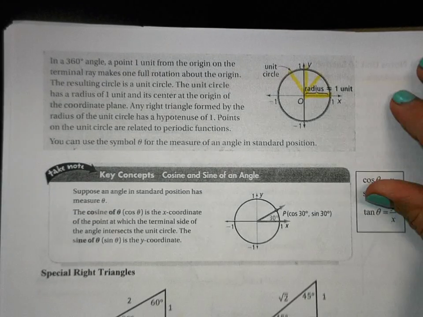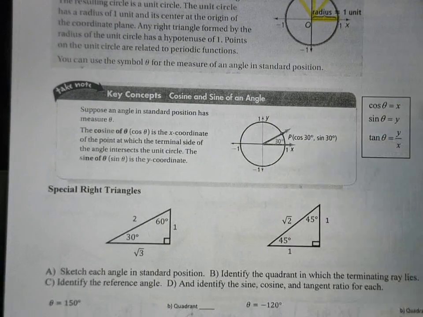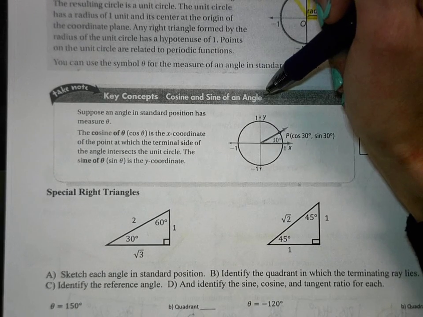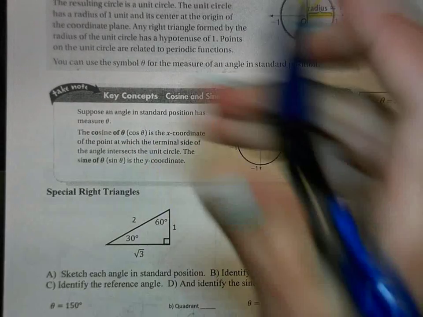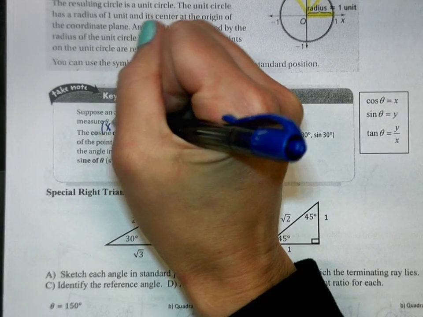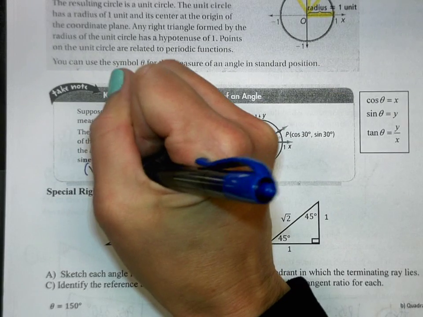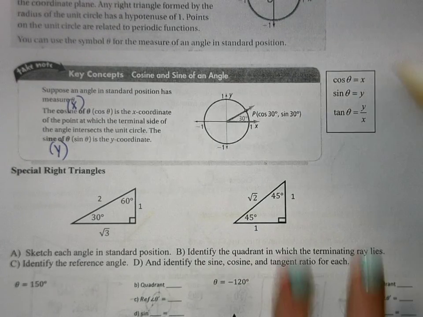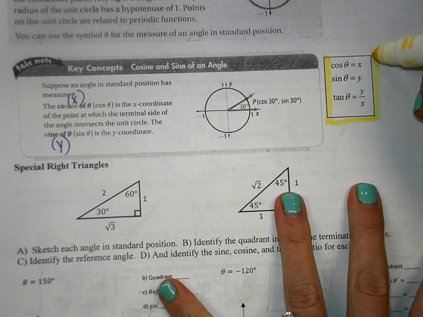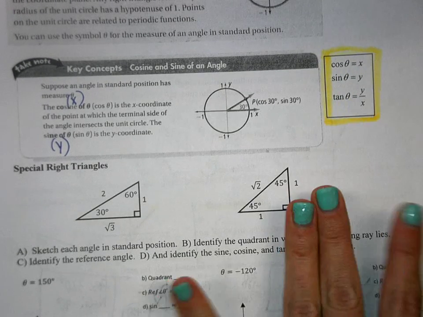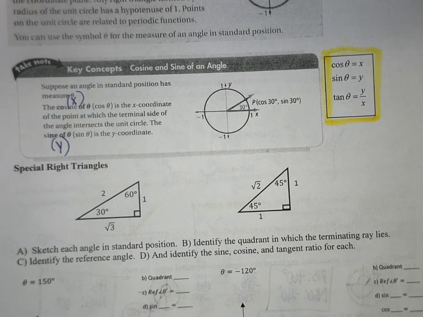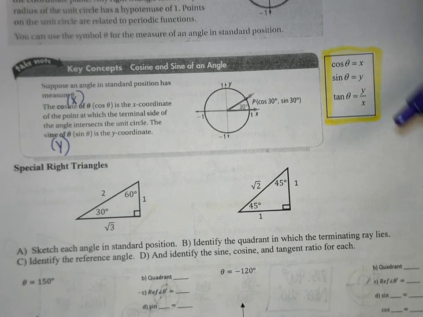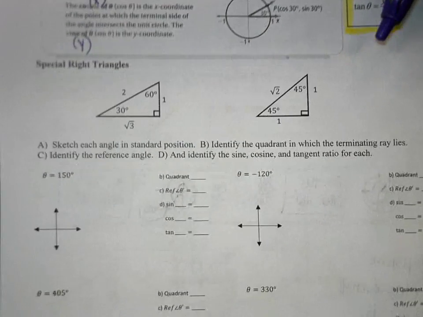Now, as you read here, cosine and sine of an angle: cosine is the x coordinate, and we already talked about this yesterday. Cosine is the x, sine is the y. Over here is a little guide to help you. Cosine x, sine y, tangent is y over x. Now, we have our special right triangles.